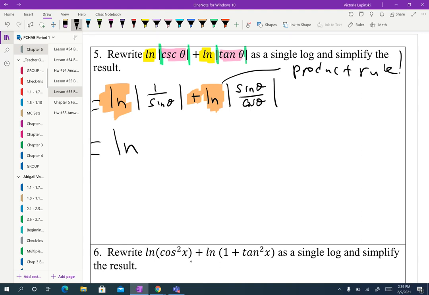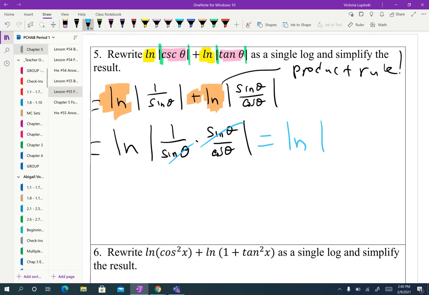So my next step is I'm now going to have the natural log inside the absolute value. I'm going to multiply 1 over sine of theta times the sine of theta over the cosine of theta. That is the product rule back from the log chapter. Now a little bit of algebra. I'm going to be able to reduce those sines, which means I can now conclude that this is equal to the natural log of the absolute value of 1 over the cosine of theta.